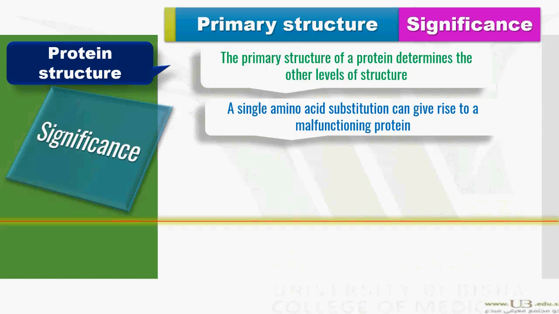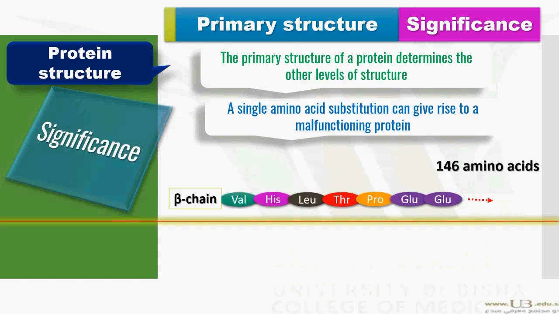Also, if a single amino acid is substituted in any polypeptide chain of the primary structure by any other amino acid, this can give rise to malfunction of the protein, like the case of the following example. Look at this chain. This is a beta chain of 146 amino acids. The first one is VAL, stands for valine, histidine, leucine, threonine, proline, glutamic acid, and glutamic acid.